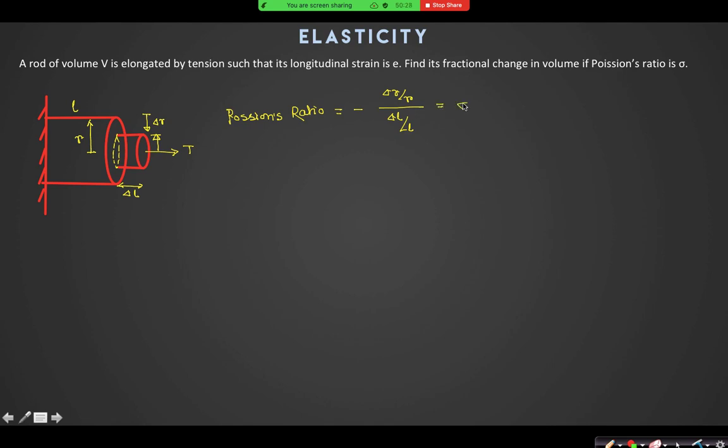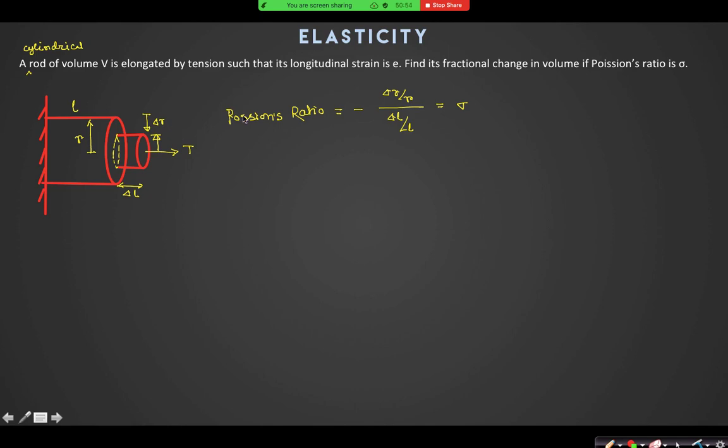In this particular question, take a particular question. This question says a rod, suppose a cylindrical rod, right? A cylindrical rod of volume V is elongated by tension such that its longitudinal strain is E. Find the fractional change in volume if its Poisson's ratio is sigma.